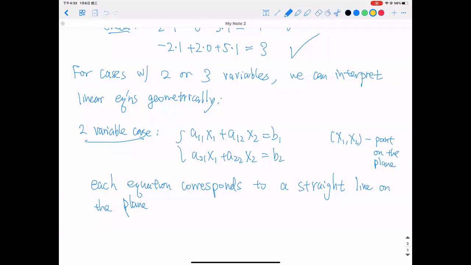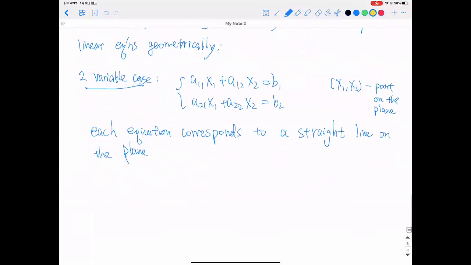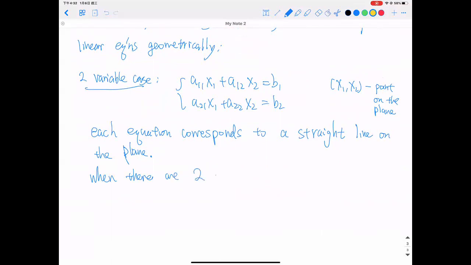So when there are 2 equations, like here, there are the following possibilities.